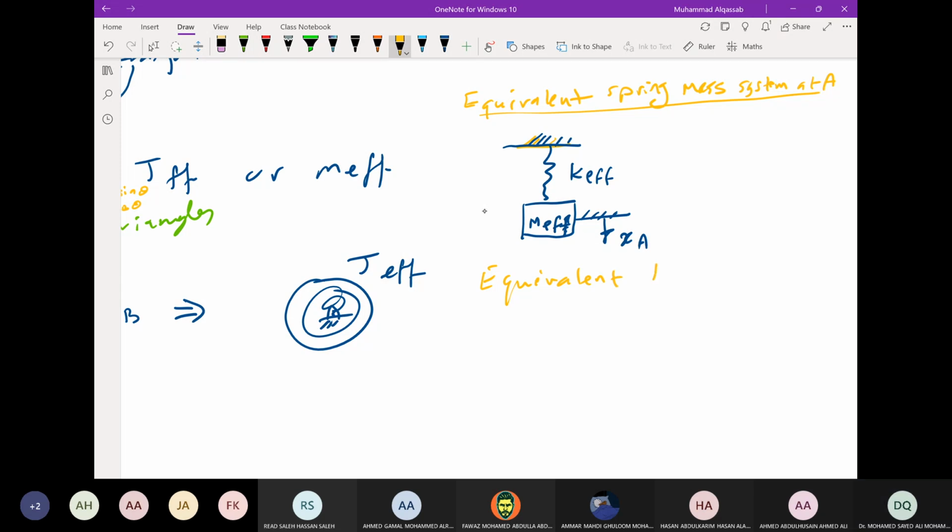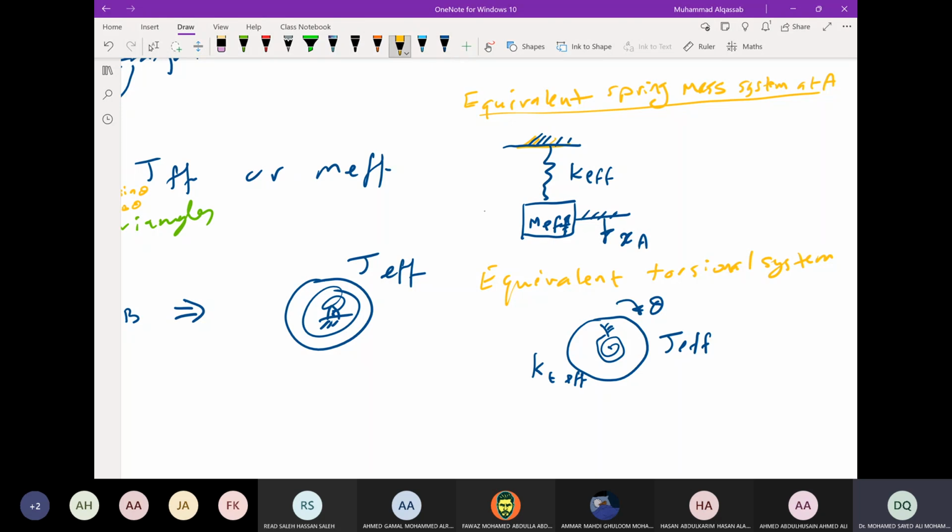Which means you will have a disc and a torsional spring, KT. So this will be J effective, and this will be KT effective, and the disc is rotating with theta.